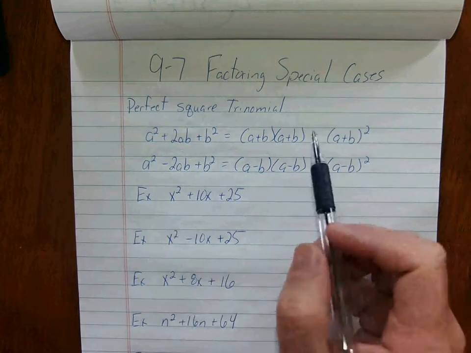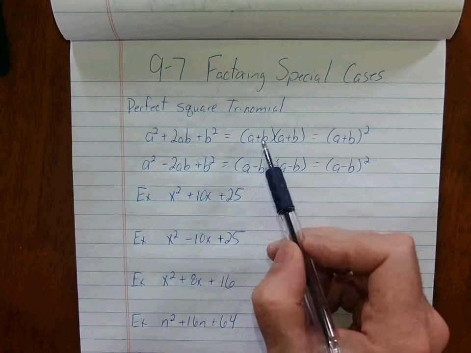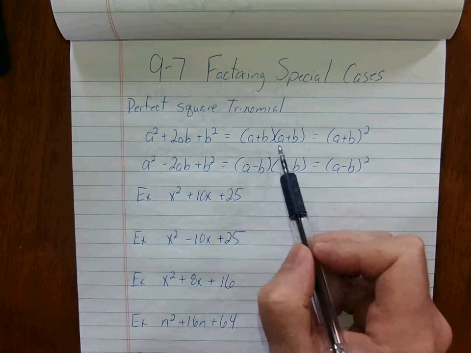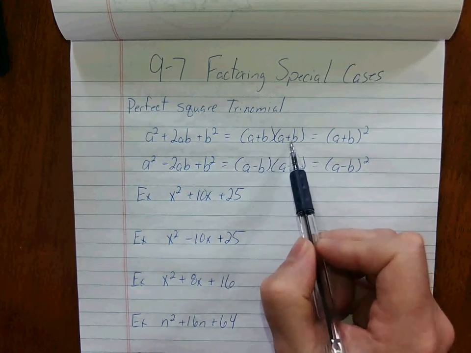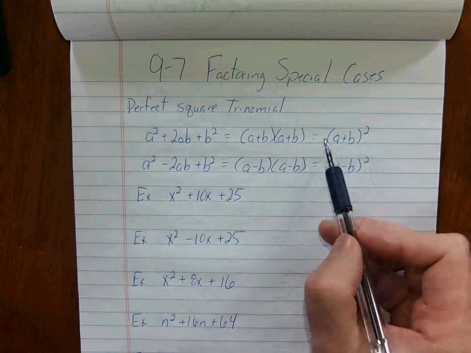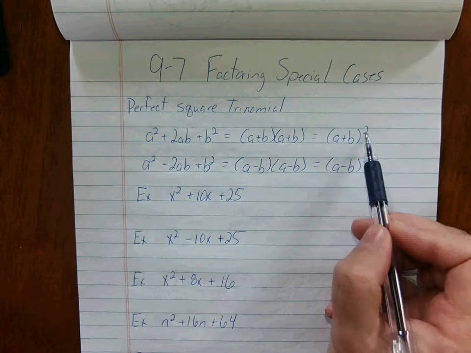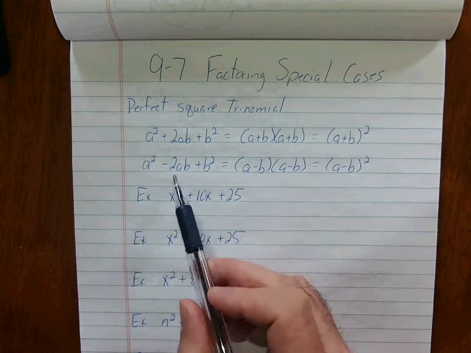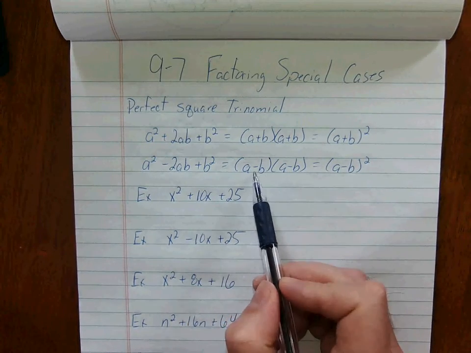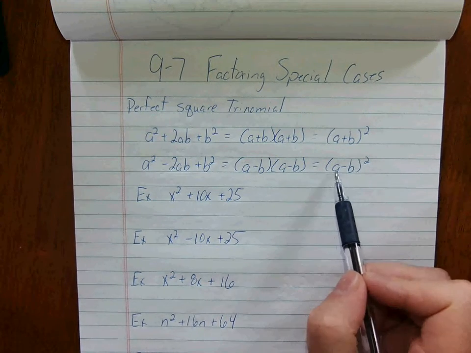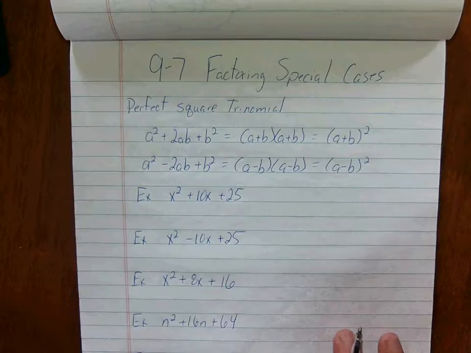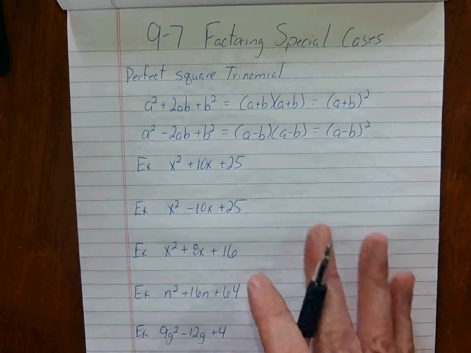And the way that they break down is they're going to be two quantities being the same, where you have a plus b and a plus b, and then you're just going to write it as one quantity being squared. And the same thing goes down here. Both of these quantities are going to have an a minus b, and then you would just write it as a minus b squared. So let me do a couple examples and show you exactly how it works.